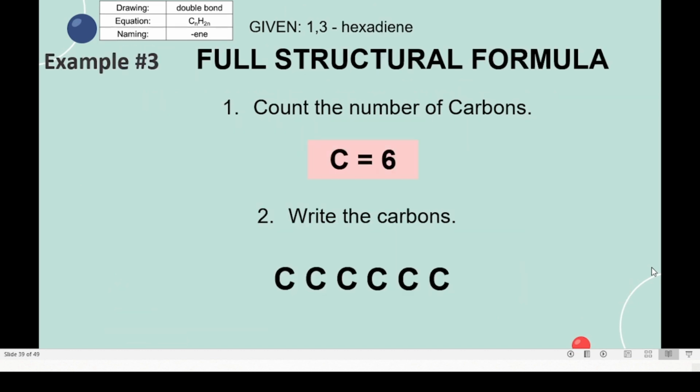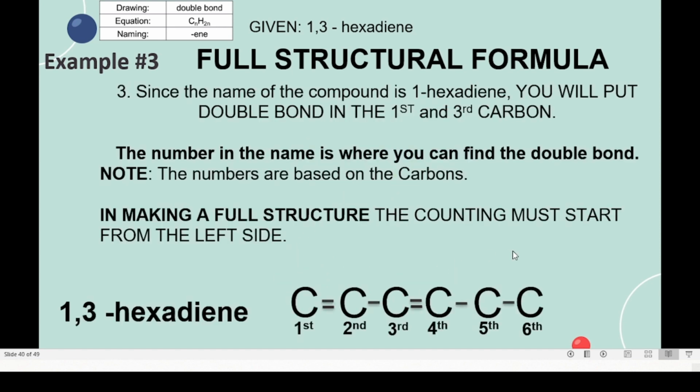Now, in the full structure, since we already know that step 1 is to count the number of carbons, it is 6. Now, we must write the carbons. So, there will be 6 letter C's: 1, 2, 3, 4, 5, 6. And then, since the name of the compound is 1,3-hexadiene, you will put a double bond on the first and third carbons.